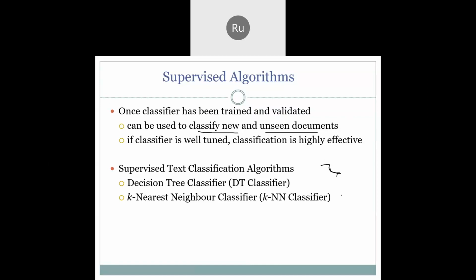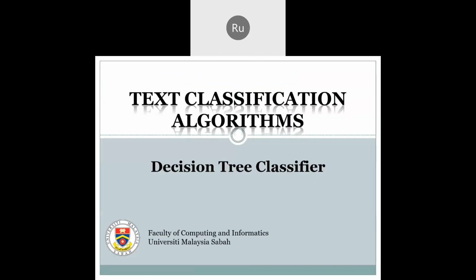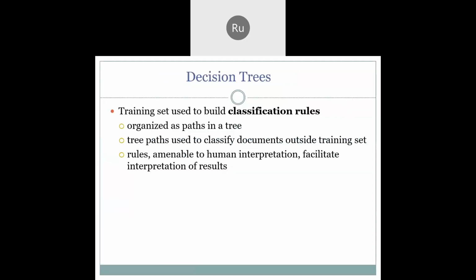So the first one is called decision tree, and the second one is called k nearest neighbor. Okay, so let's take a look at the first one, the decision tree classifier. Based on the decision tree classifier, we are looking at how we divide the documents into groups or classes that have the same label.